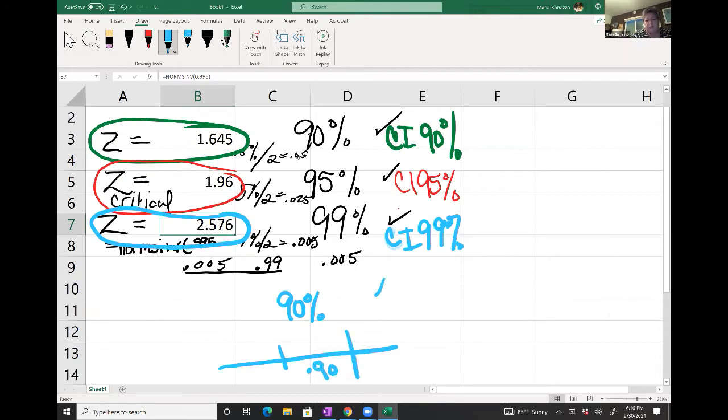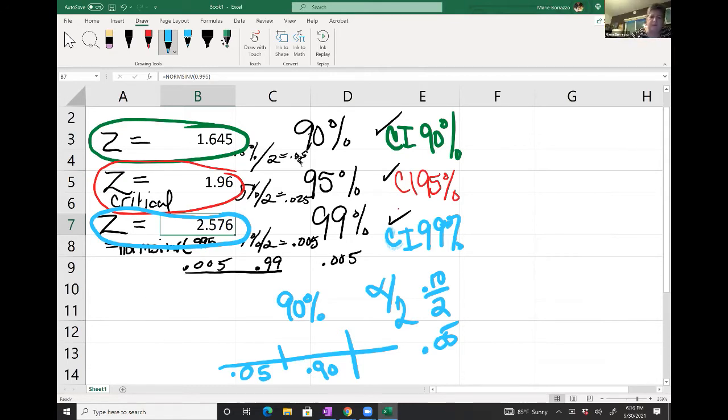If I take the alpha and split it in half, 0.10 divided by 2, you notice I have 0.05 on the right and 0.05 on the left.